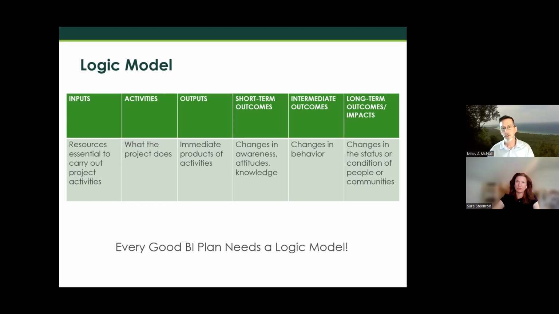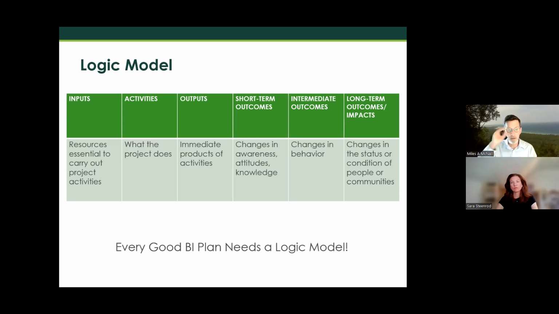Moving on to changes in behavior, and then finally changes in the status or the condition of people or communities. As you recall, our impact example was for that population of interest, people who are underrepresented in STEM careers, that more of them now are employed in STEM careers.